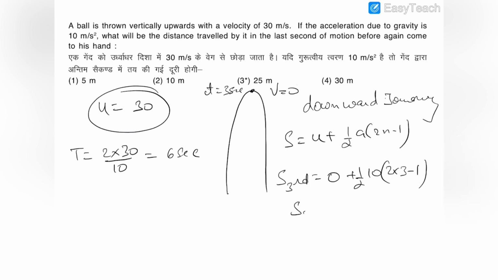So S of the third second is equal to 5 into (6 minus 1), which is 5 into 5. So the distance traveled by this ball will be 25 meters in the last second. So the correct answer is third. Now we move on to the next problem.